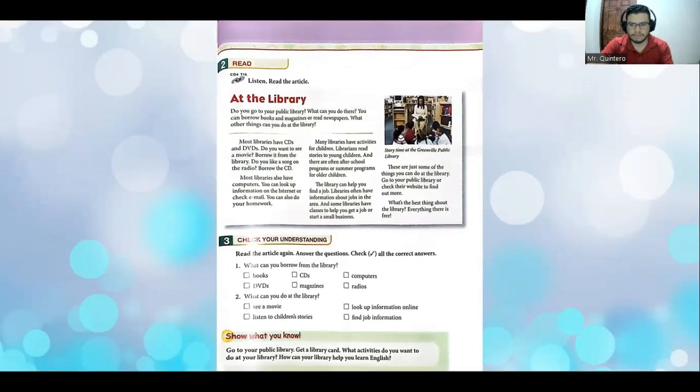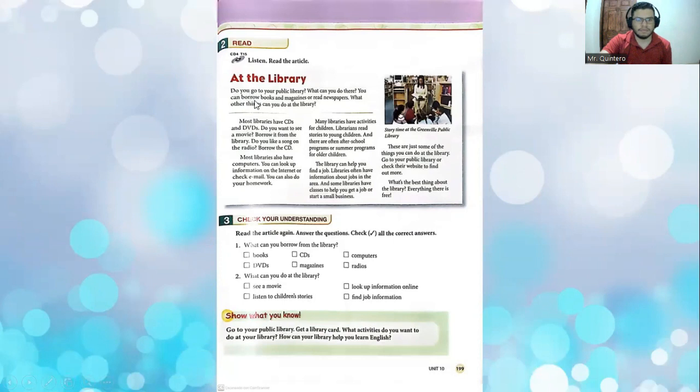Page 199. Read. At the library. Do you go to your public library? What can you do there? You can borrow books and magazines or read newspapers. What other things can you do at the library?